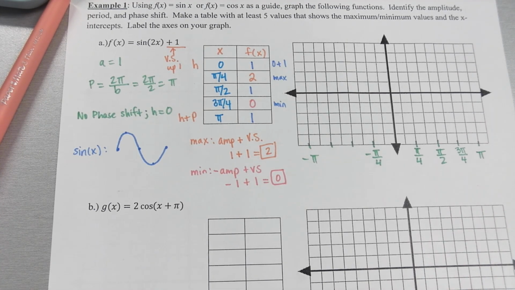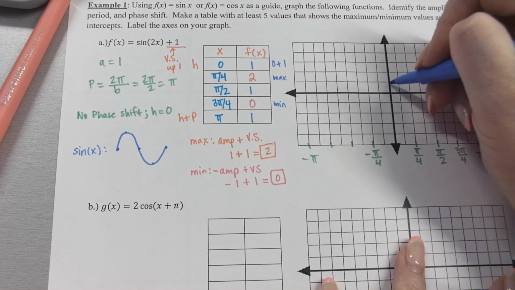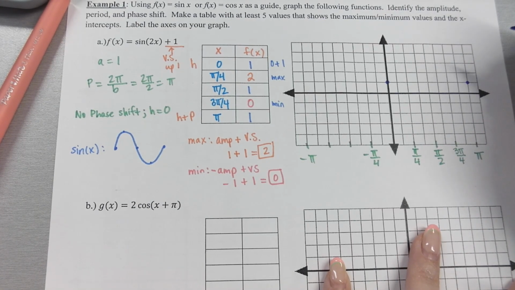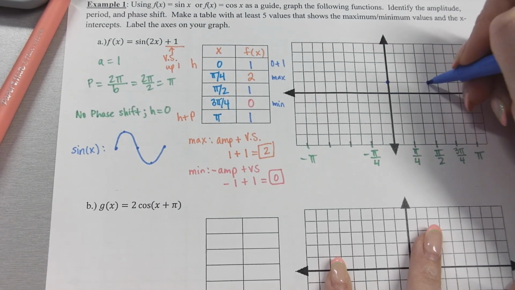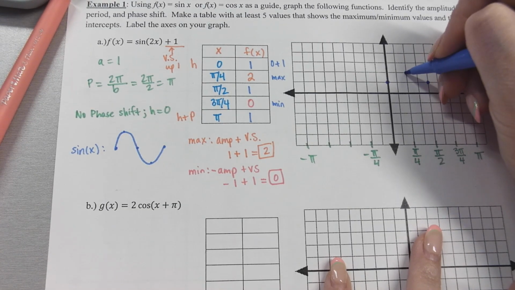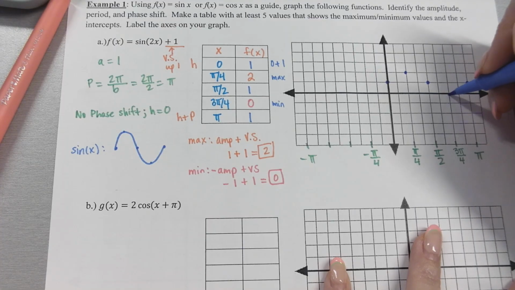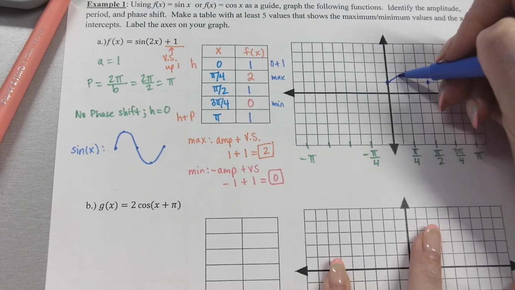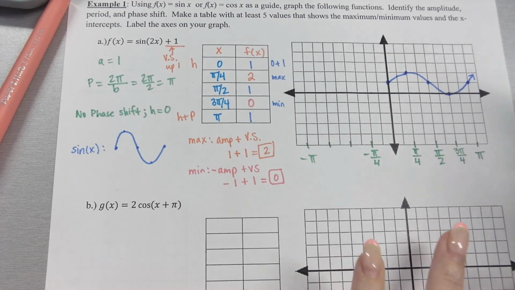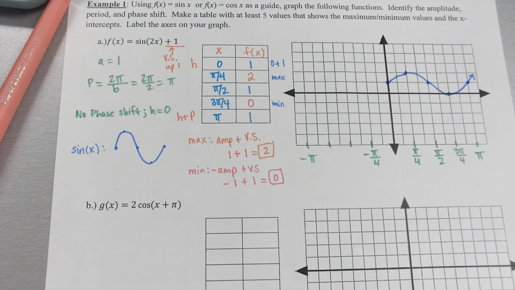At 0, I'm at 1. At pi, I'm at 1. Halfway, I'm at 1. At pi over 4, I'm at 2. You can see you have this wave here that's being compressed horizontally, and it has moved up 1.